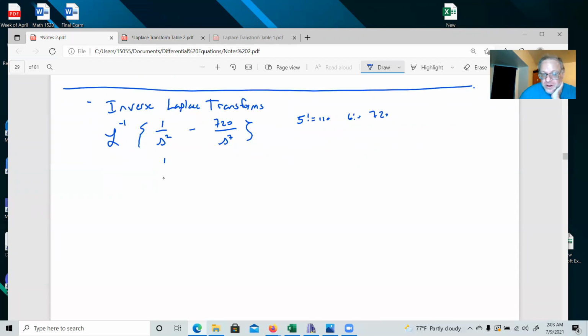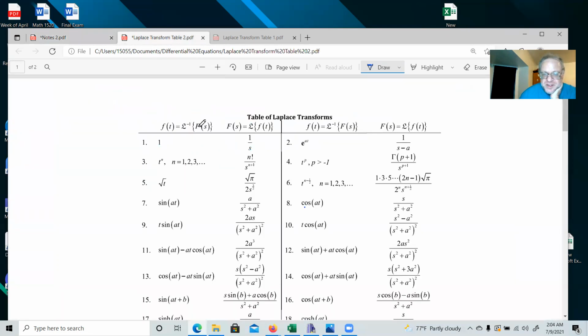So this is 1 over s to the 1 plus 1, right? Minus 6 factorial over s to the 6 plus 1. Let's see if we could find those and match those up. If you look at this, 1 factorial over s to the 1 plus 1, that would just be t.